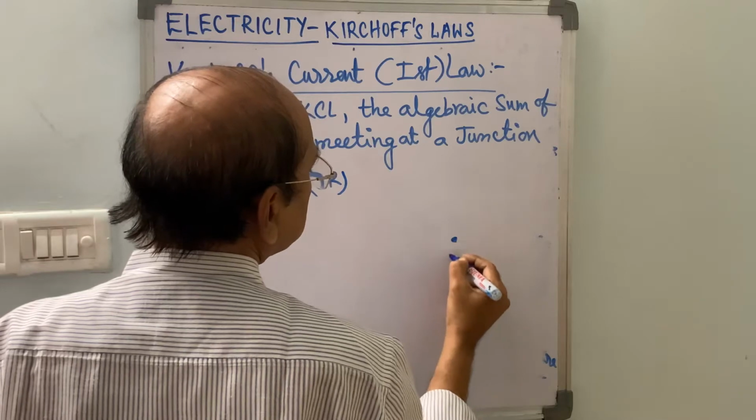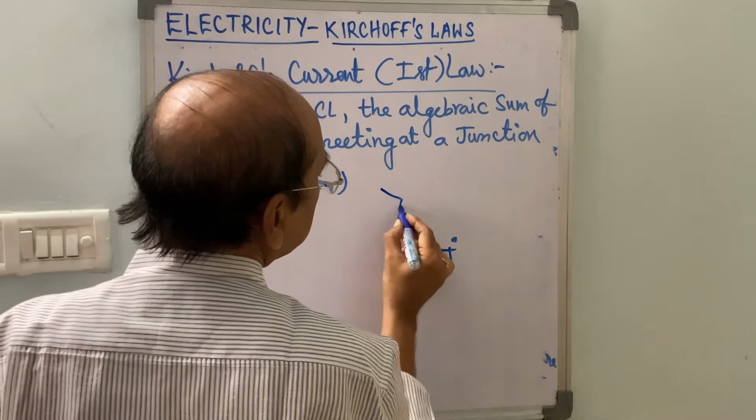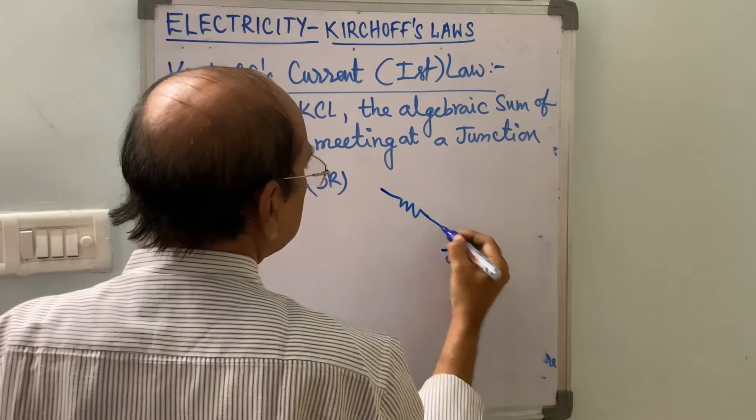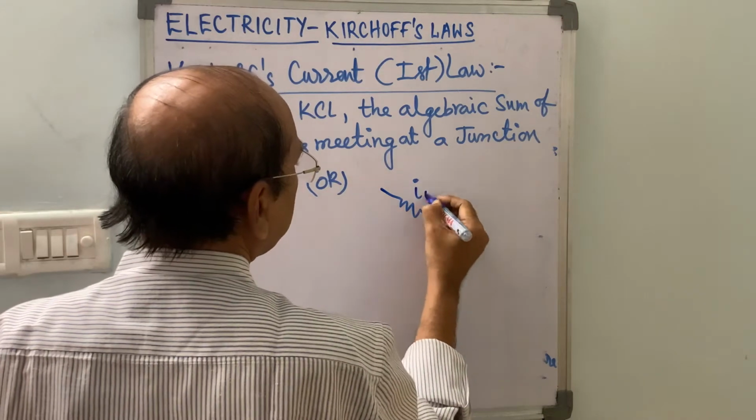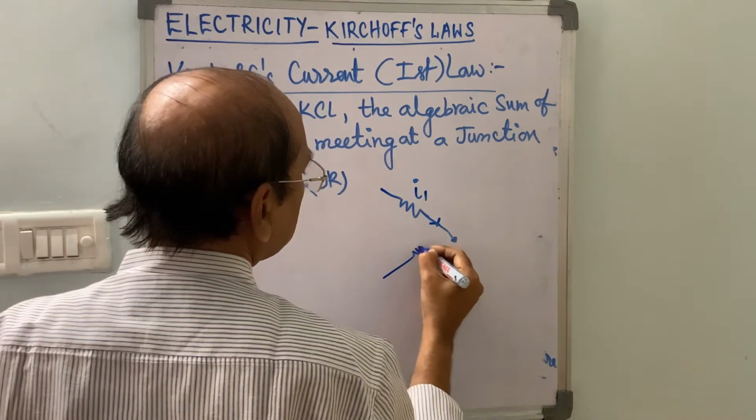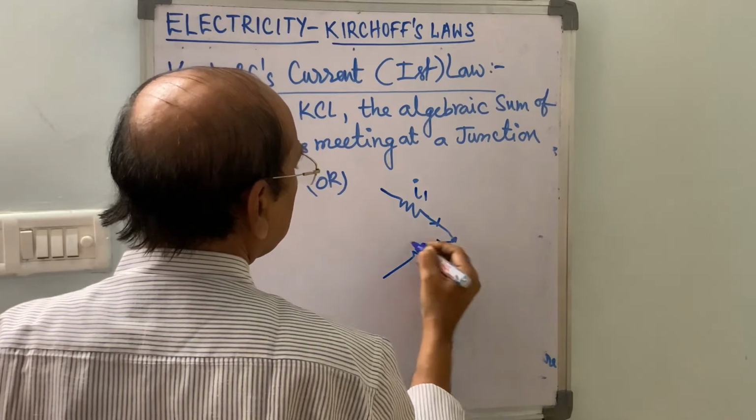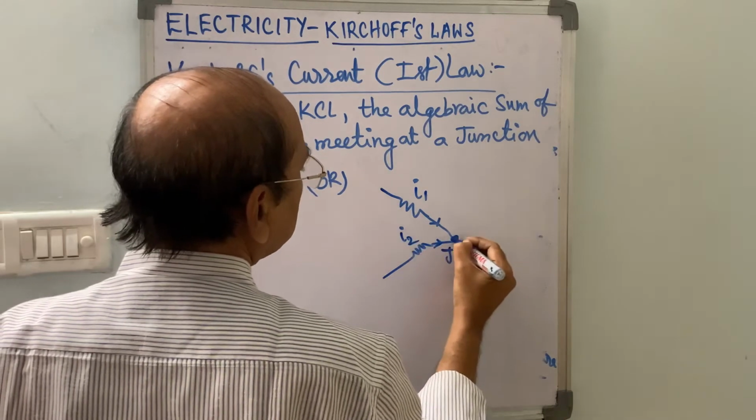Let this be junction J, and let there be two currents flowing, I1 and I2.